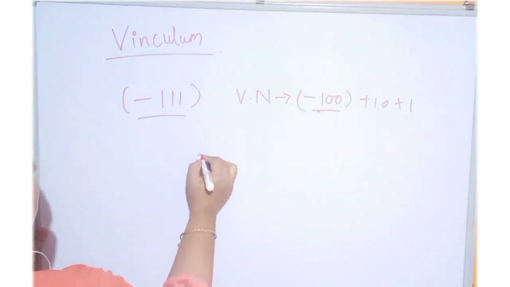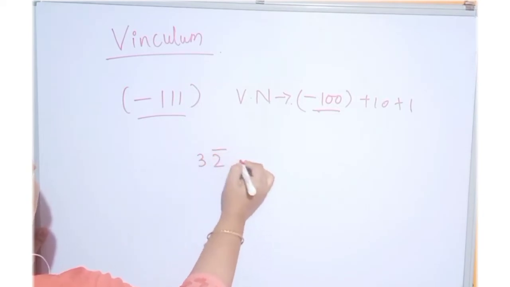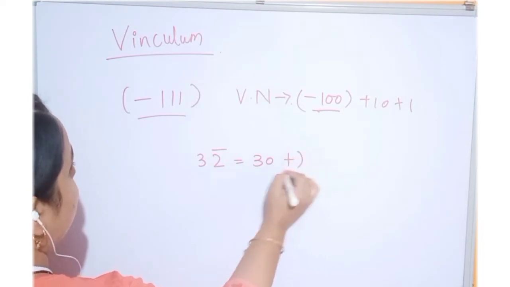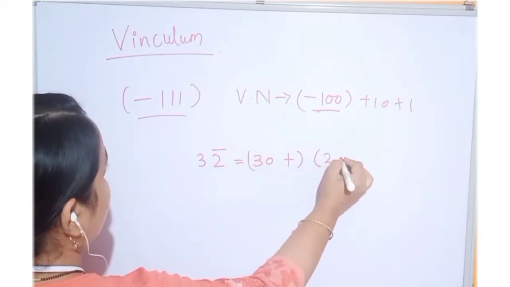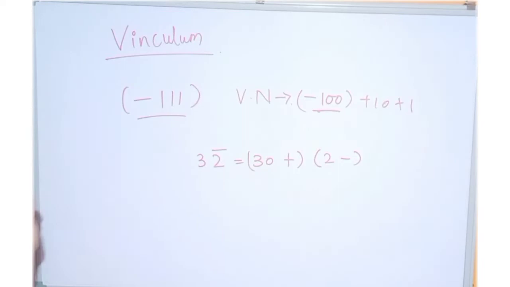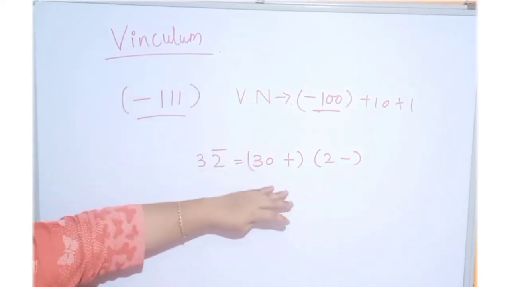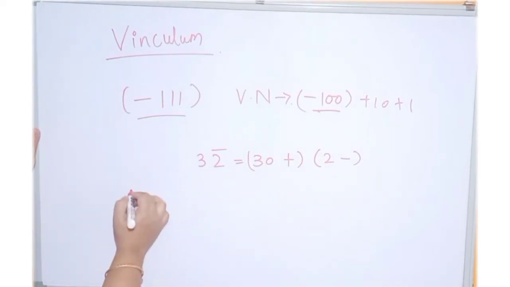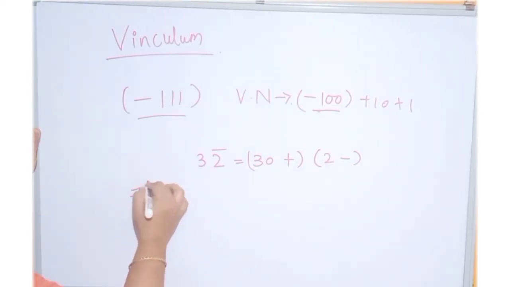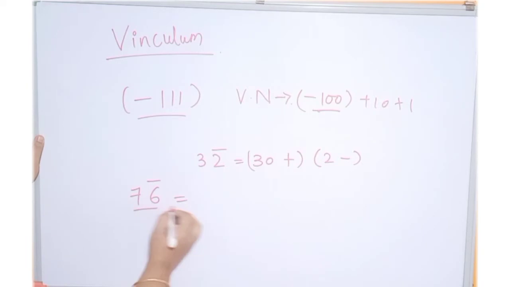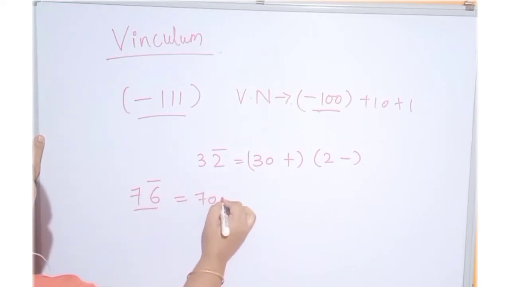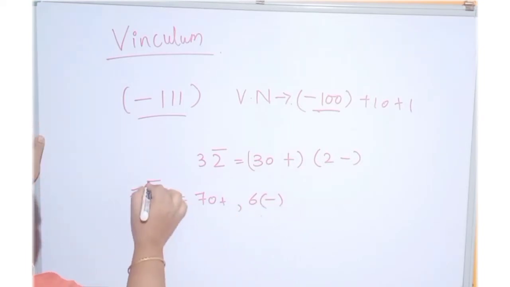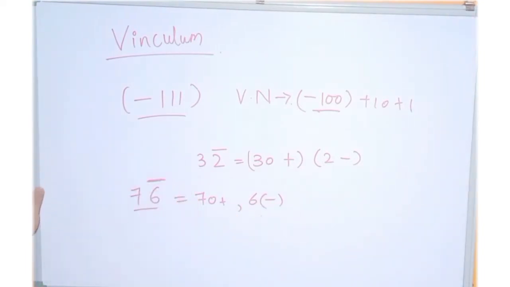If we have 32 bar, it means 30 is positive and 2 is negative. So you can say vinculum is a combination of positive and negative numbers together. If it is given like this, you can understand 70 is positive and 6 is negative. So this represents the negative number.